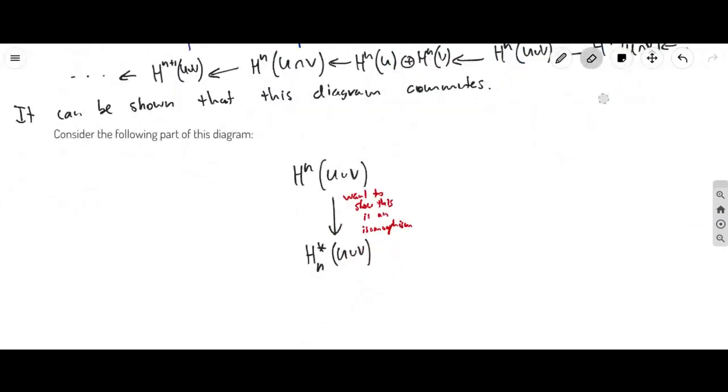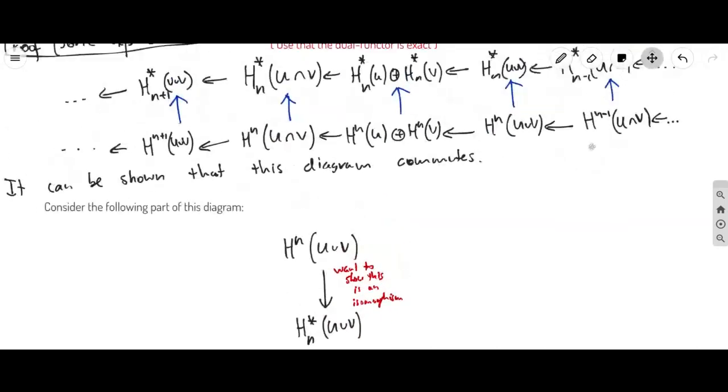Okay, let's write down the relevant part of the sequence. We have the union here, and as you can see, we have this one to the left, and that one over here. Right over here, we have H^n(U ∩ V).